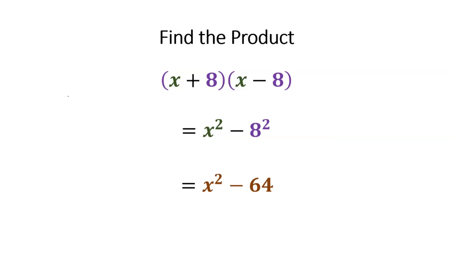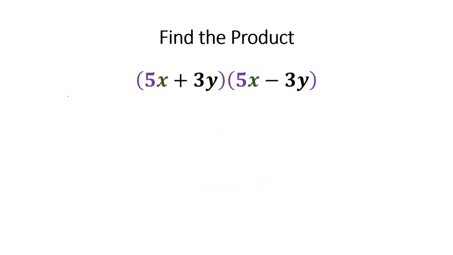Let's try one more example. (5x plus 3y)(5x minus 3y). In this case, my a is 5x, my b is 3y. When I write it down, I will put the minus sign.